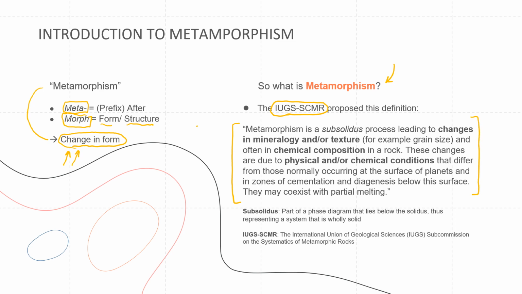So first of all, metamorphism is a subsolidus process, which means that if you look at a phase diagram, it is a part that lies below the solidus, so it represents a system that is wholly solid. Leading to changes in mineralogy and/or texture.